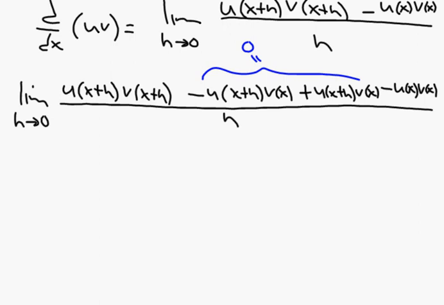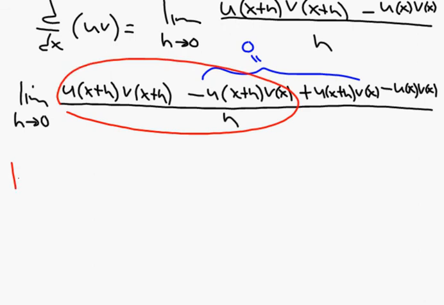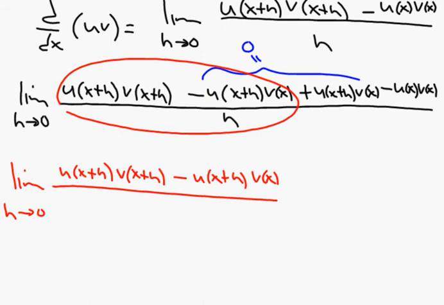So let's just look at this part of the expression here. We have the limit as h goes to 0. And I'm going to separate it. I'm going to write u of x plus h times v of x plus h minus u of x plus h times v of x all over h.